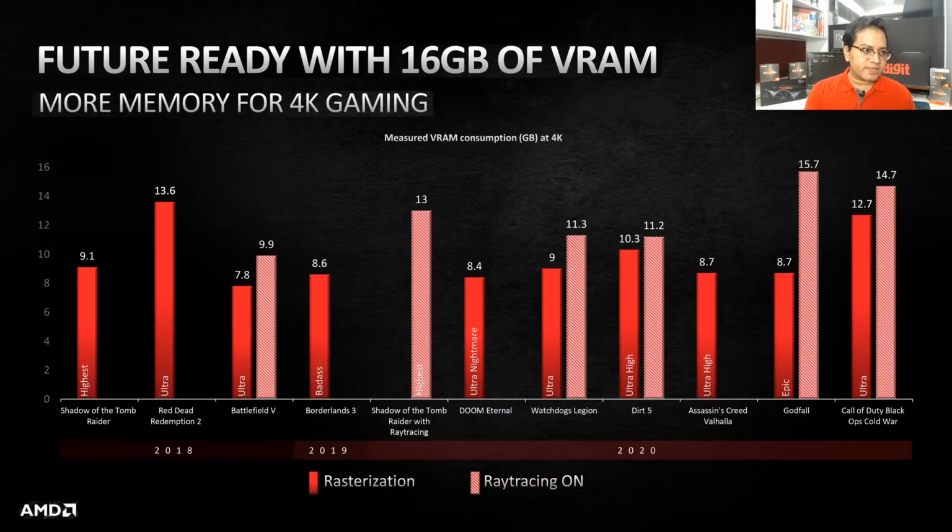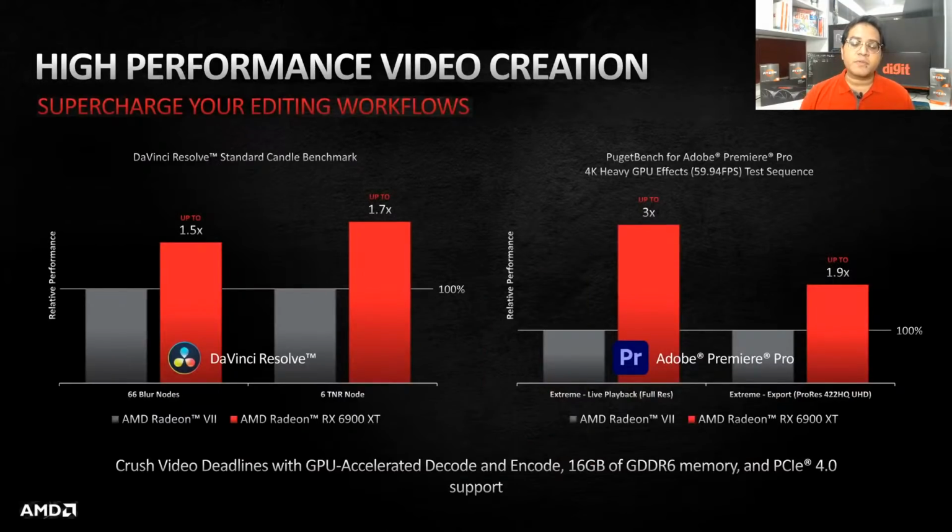With video editing, we saw the performance in DaVinci Resolve and Premiere Pro, and we saw them to be quite beneficial. Let me just bring up those slides. There you go. In Premiere Pro, we saw an uplift of up to 3x, and in DaVinci Resolve, we saw 1.7 times the performance uplift. This is between the 6900 XT and the previous gen Radeon 7, which is before the RX 5000 series.